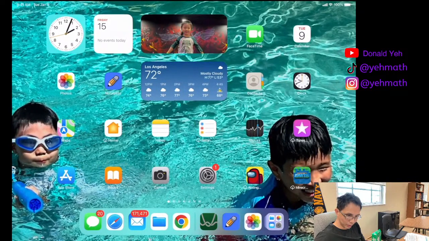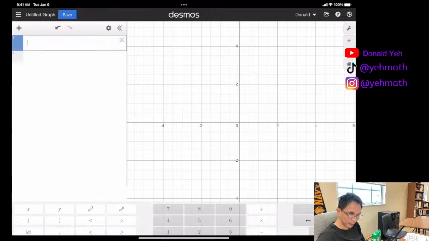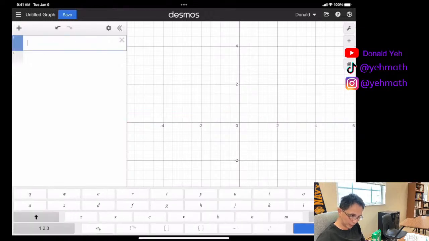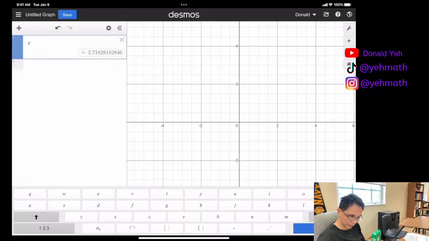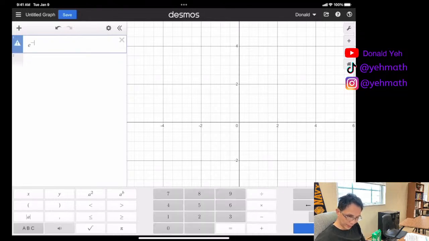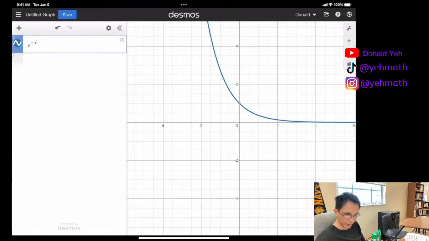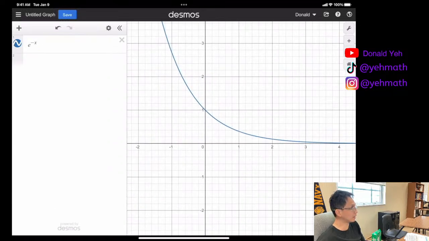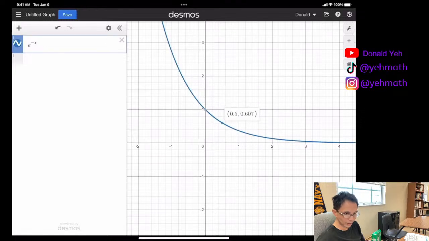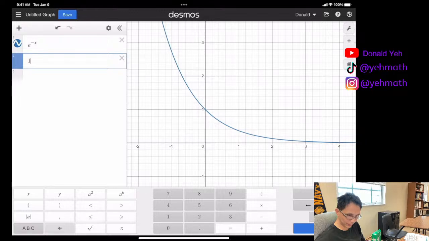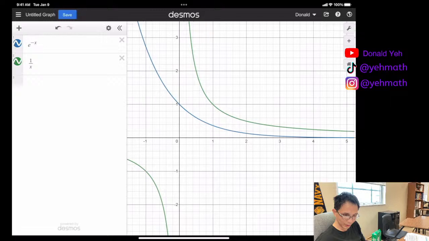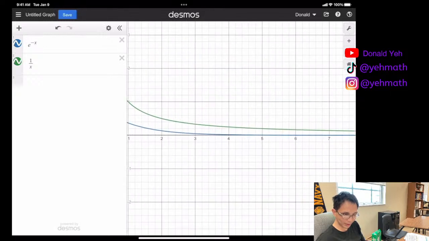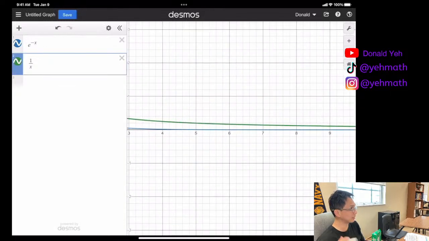And again, you can look at a graph of e to the negative x. Daniel, you see that graph? It's going down way faster compared to 1 over x. It hits 0 right away. You see that 1 over x is still getting bigger as I'm going up.